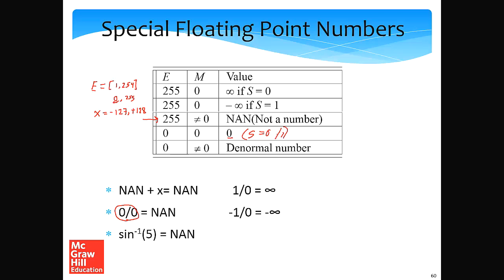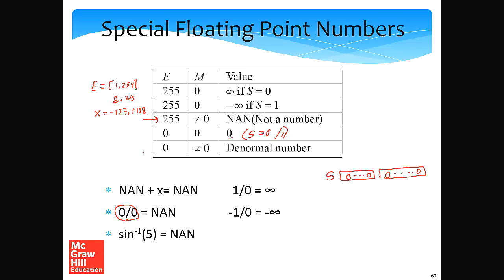We thus have two representations for 0 in this particular number system, which is not much that we can do. So the sign bit can be 0 or 1, but the E field has to be all zeros to represent a 0, and the mantissa field also has to be all zeros. Both the variants will be treated as a 0.